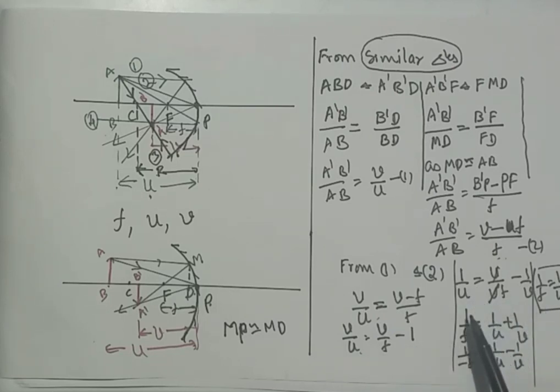Now, transferring V onto this side, 1 by U equals 1 by F minus 1 by V. V cancels there. 1 by U plus 1 by V equals 1 by F. By sign convention, F, U and V are all negative. Therefore, we can write F as minus F, U as minus U, V as minus V. Cancelling all minus signs, we get 1 by F equals 1 by U plus 1 by V.